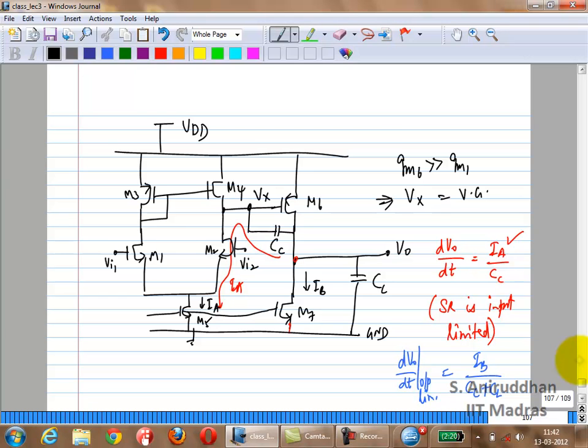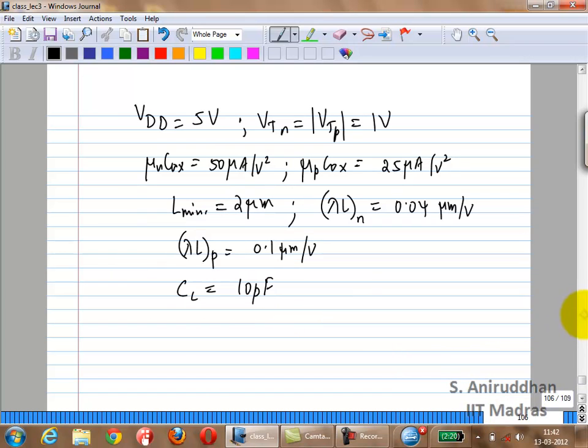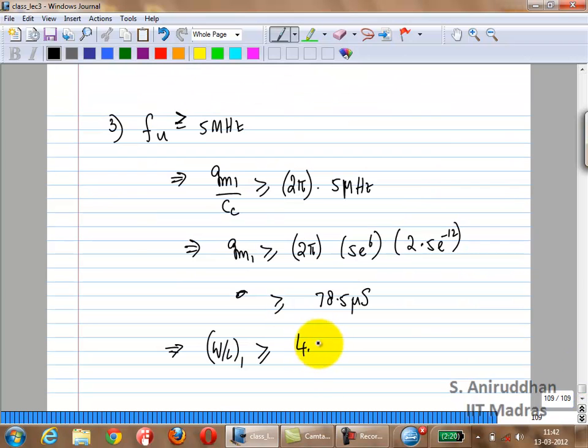These are the parameters we have. Okay, so it ends up being 4.9. So we'll assume 5, right? That's a good enough assumption.